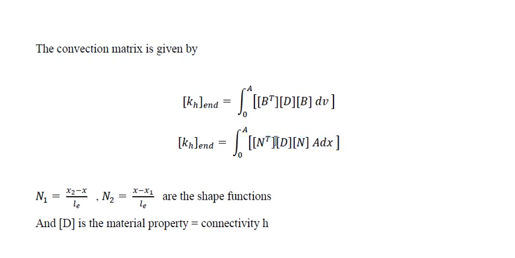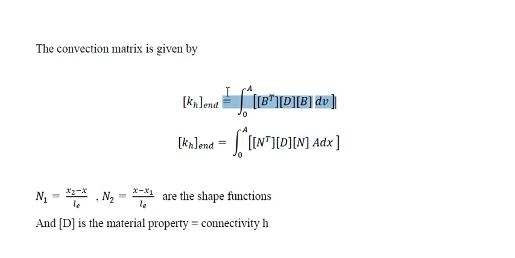Convection is directly given as N transpose into D into N, not the derivative of N transpose. The derivative of N transpose gives the conductive matrix with volume.